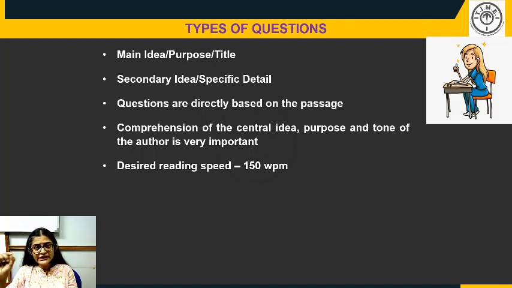So while reading the passage, you make a note of, like I said, after every 2-3 sentences, this is what I read, this is what I read. So when they ask you about a particular detail, you will know where to look for the answer, right? So quickly go to that part and just check before you pick the answer. Fine.